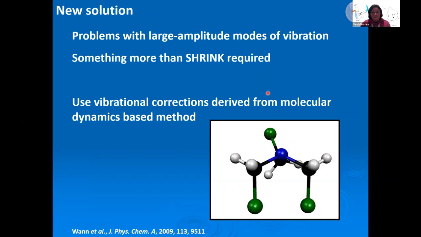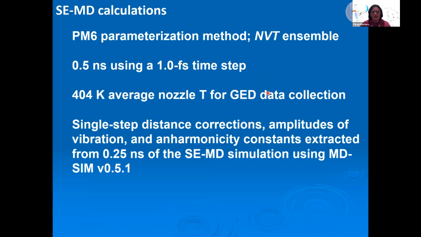The solution that we have is something more than SHRINK, and this is using vibrational corrections from molecular dynamics methods, which is why we had to wait so long to solve the structure of this system. What molecular dynamics allowed us to do is firstly get some corrections at the correct temperature.